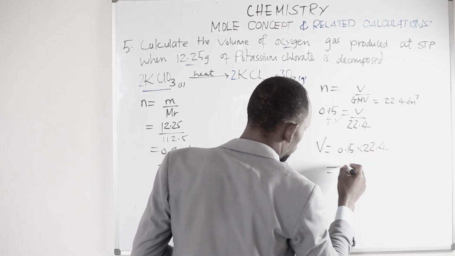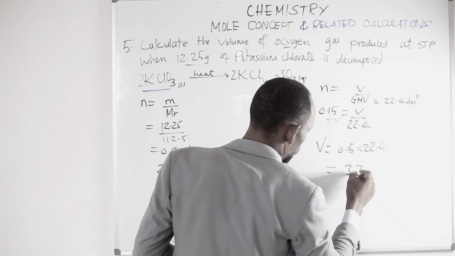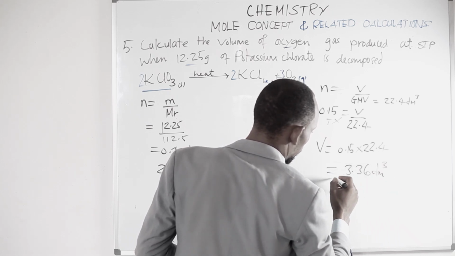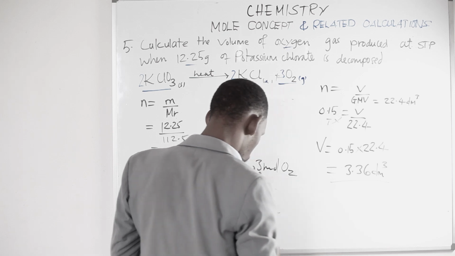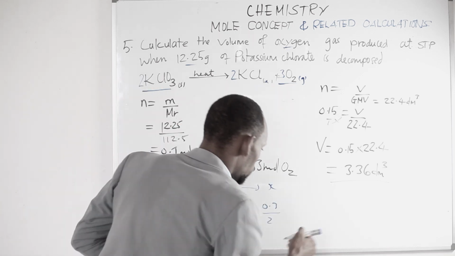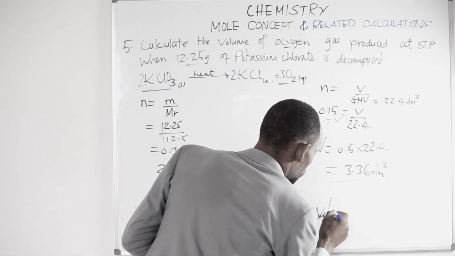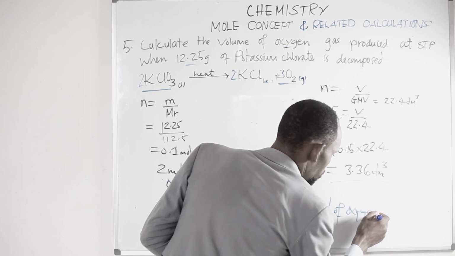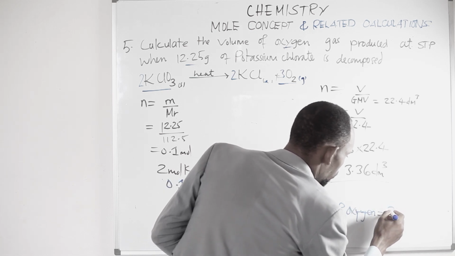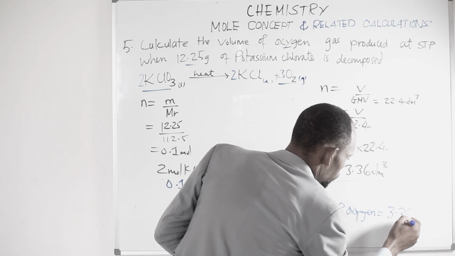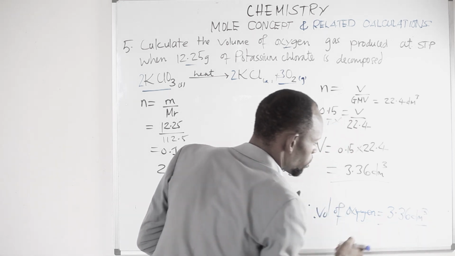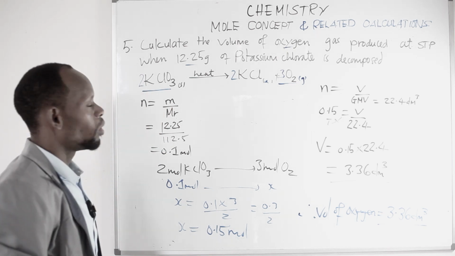And the volume of oxygen will be 3.36 liters or decimeter cubic. So now you can write your answer that the volume of oxygen produced will be equal to 3.36 decimeter cubic or 3.36 liters.